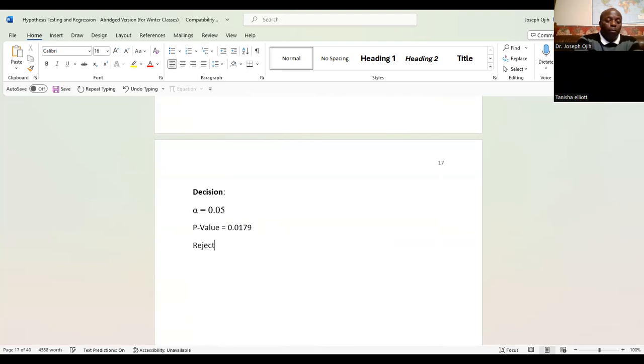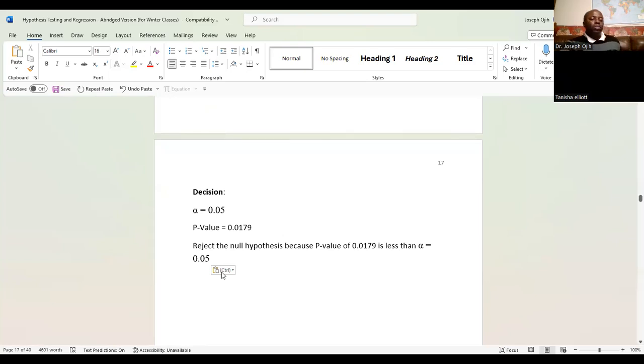Reject the null hypothesis because the p-value of 0.0179 is less than alpha of 0.05.